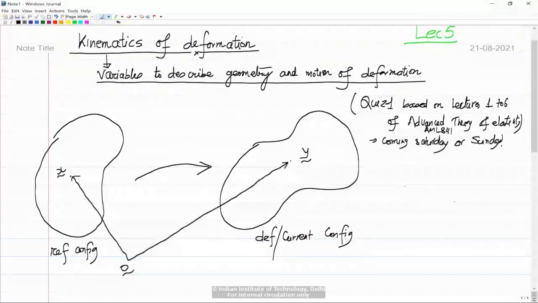Okay, and we know that this mapping is given by the deformation map, which we denote by y hat, right? The hats are used to imply that it's a Lagrangian function. That's why you see that the argument depends on x, the position in the reference configuration. Okay, we have already seen this.